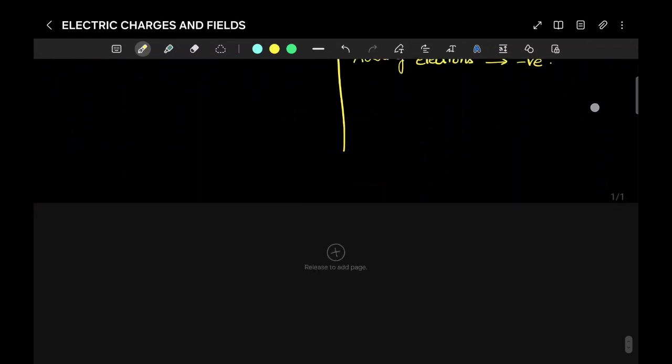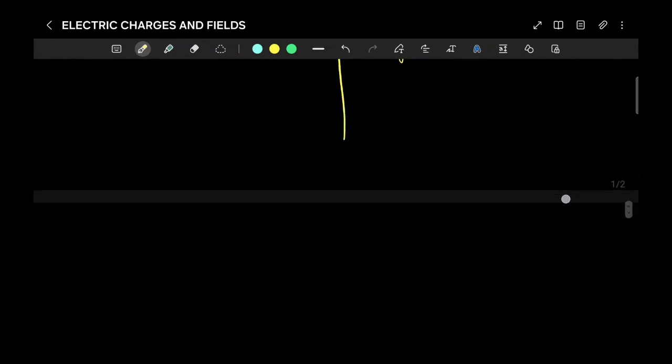Okay, next few more points. Charge is always conserved. What is meant by charge is conserved?